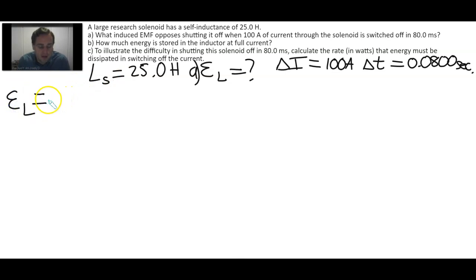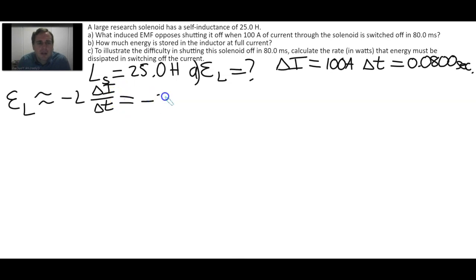Okay, so let's go ahead and calculate first this EMF of the inductor. That's approximated as minus L delta I over delta T. If it was a derivative, it'd be dI/dt, but we're sort of assuming some average value. So let's put the numbers in.